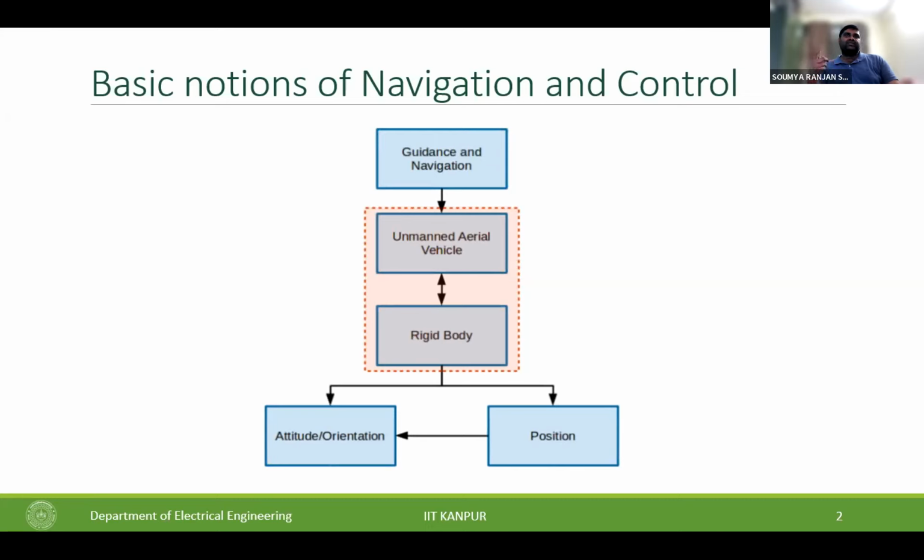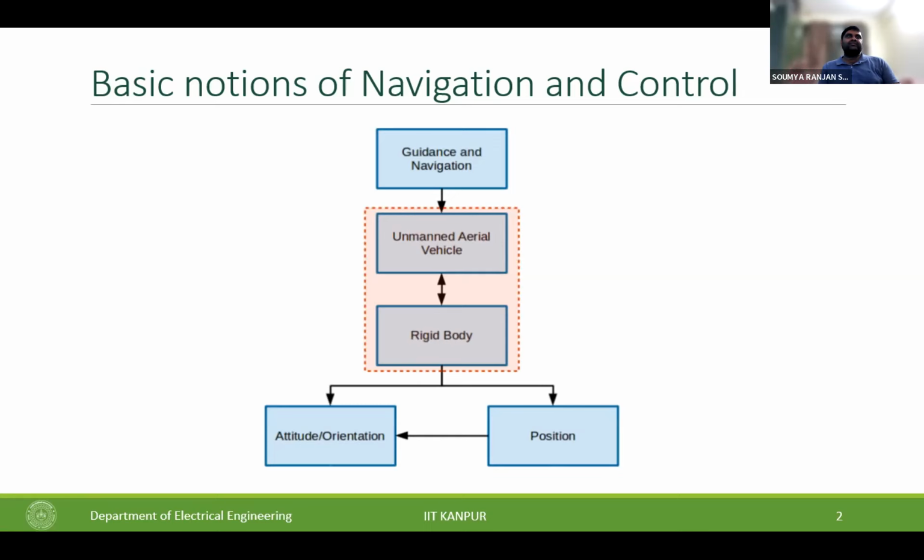Now, consider a modification in the structure of the conventional quads. In conventional quads, the rotors are fixed so that the thrust that is generated is always perpendicular to the body in consideration. The body here is basically the quad, so the direction of the thrust is fixed.